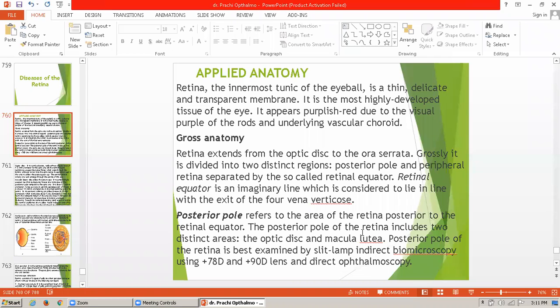The posterior pole includes two parts, the optic disc and the macula lutea, and it is examined by slit lamp indirect biomicroscopy and direct ophthalmoscopy.